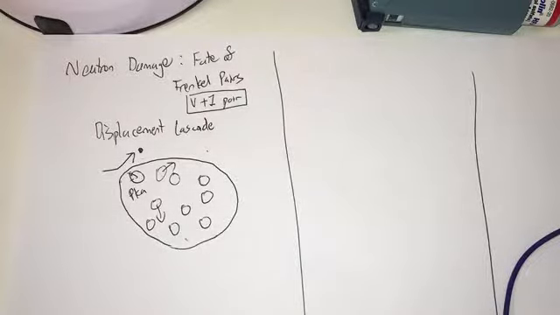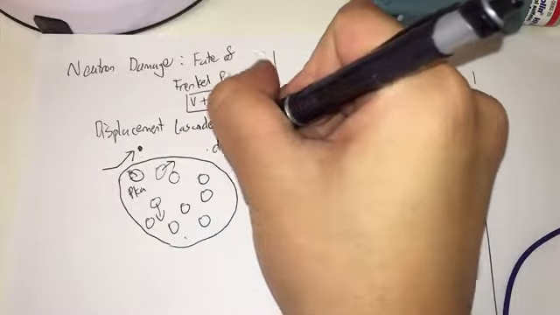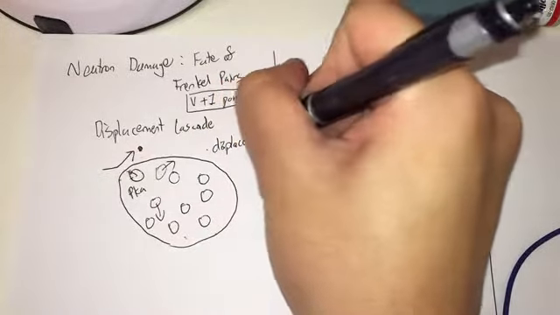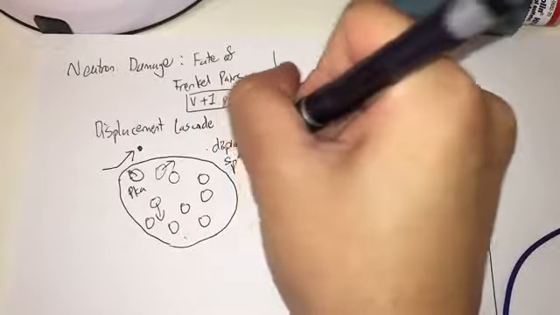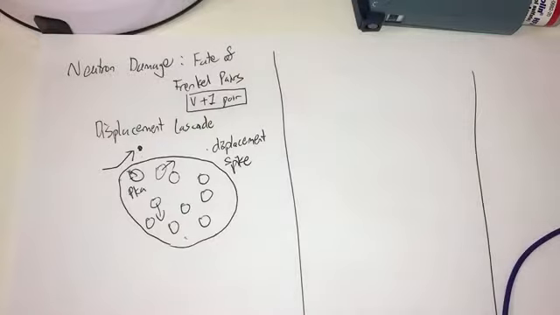Okay, so this zone, we call it a displacement spike.